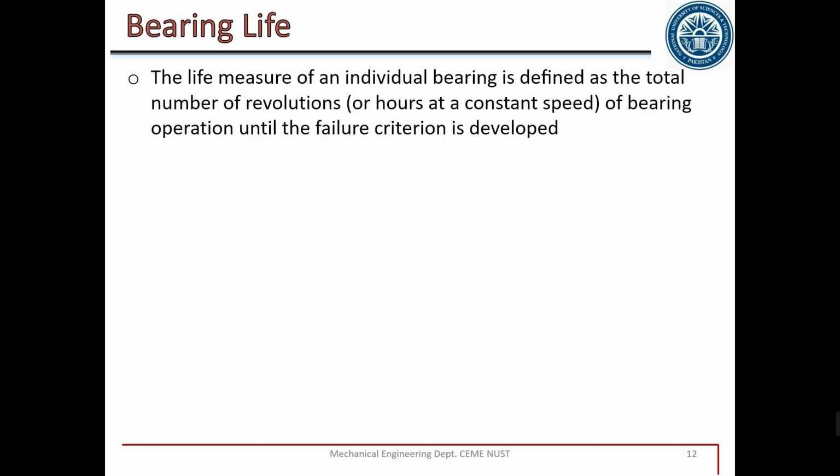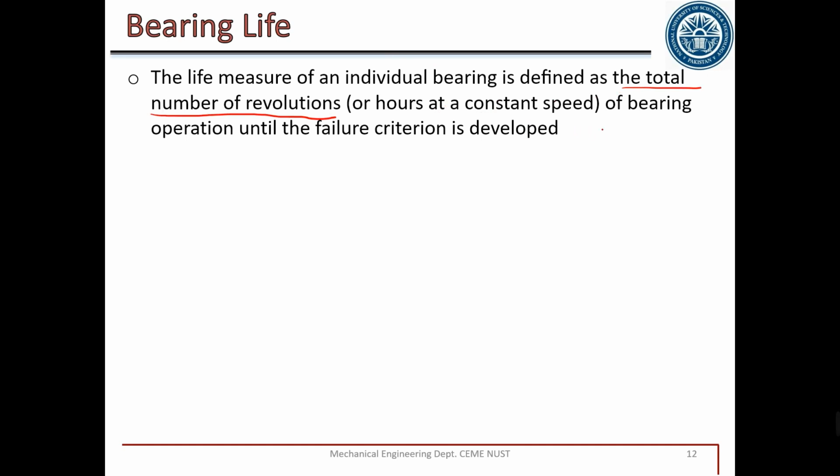The life measure of an individual bearing is defined as the total number of revolutions of the bearing operated until the failure criterion is developed. So we will use the number of revolutions. Hours at constant speed, why?